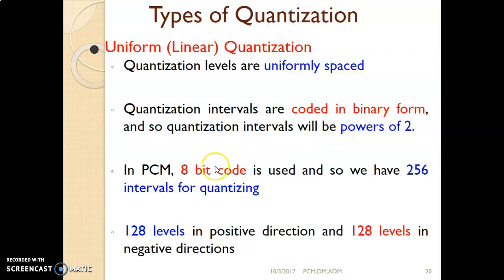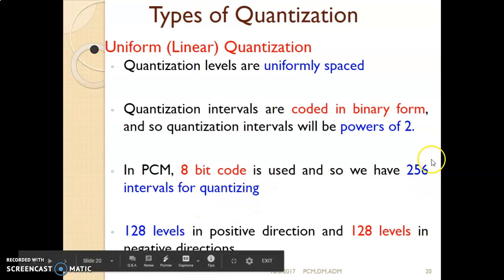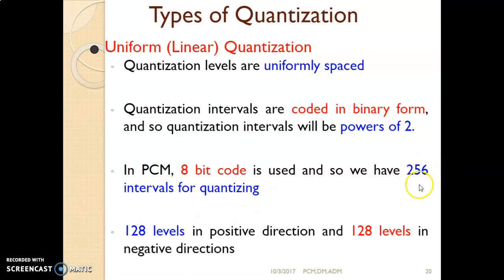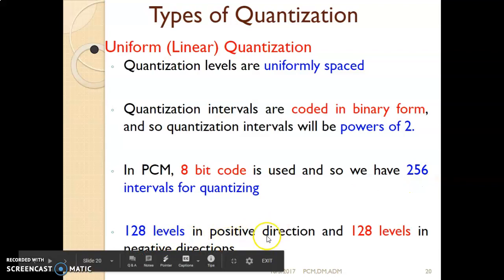For example, in pulse code modulation, we use an 8-bit code and therefore 2 raised to 8, that is 256 intervals for quantizing, 128 in the positive direction and 128 in the negative direction.